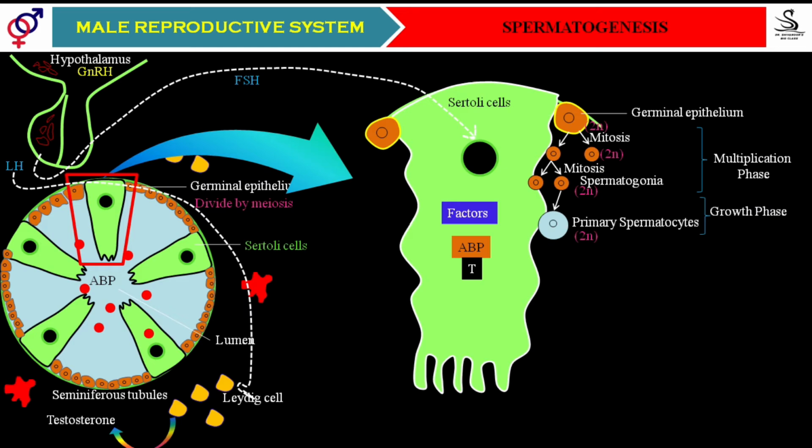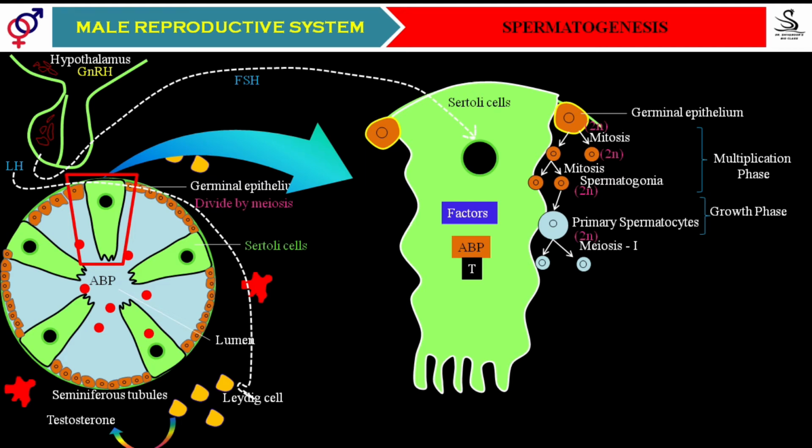Students, in one of my previous videos, I have properly explained what exactly happens during the multiplication phase and growth phase; all those details I have discussed in my previous video.